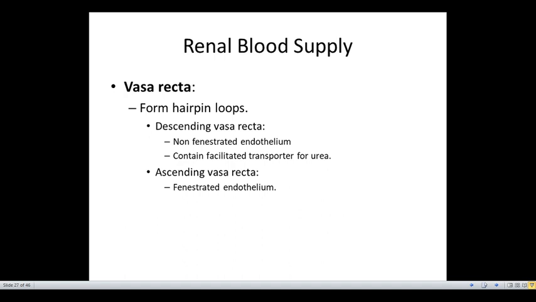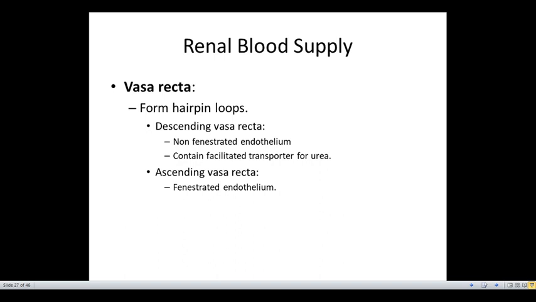They form hairpin loops. So there are two functional parts. Number one, the descending vasa recta, and number two, the ascending vasa recta.